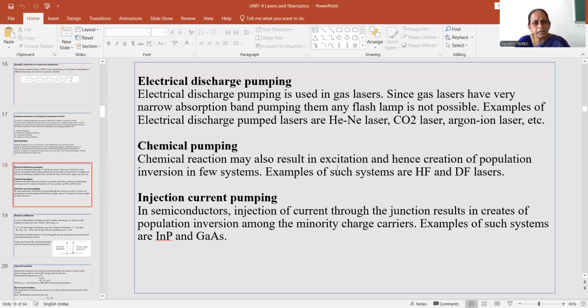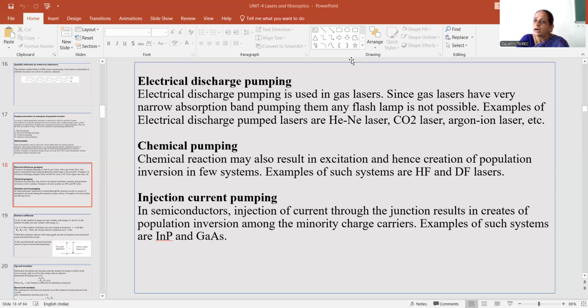These are the types of pumping mechanisms used to achieve population inversion in the case of lasers. In the next class, I am going to explain the different Einstein coefficients.